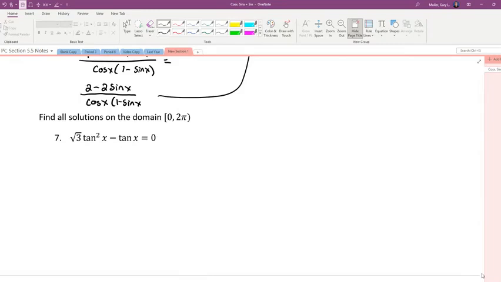All right, looking at this problem, it looks like I should factor a tangent of x out, giving me root 3 tangent x minus 1 equals 0. So we are factored. Set each factor equal to 0.